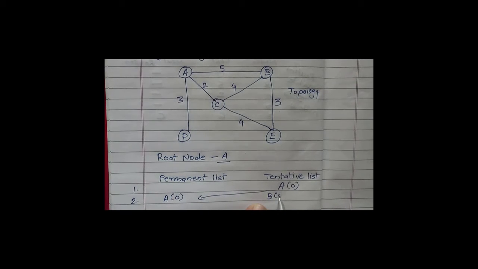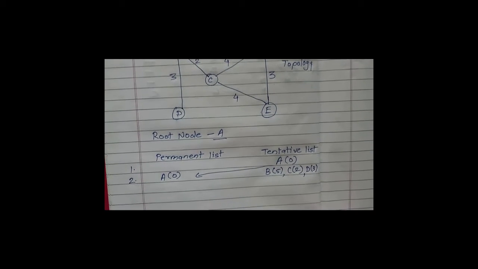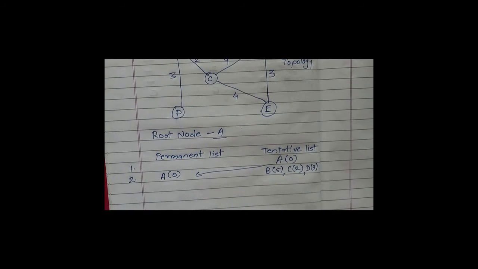Similarly C, and the cost to reach C from A is 2, and next is D, and the cost to reach D is 3. So this is my second step.